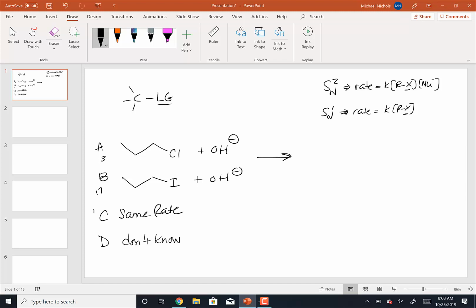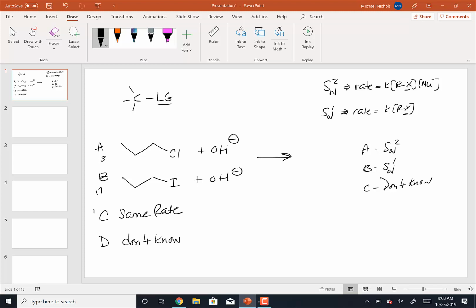Okay, let's vote again. A, SN2, B, SN1, C, don't know. So what do we think here? Are they both SN2, both SN1, or you don't know?